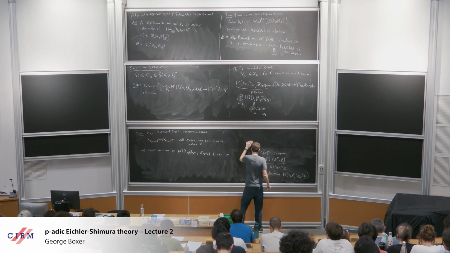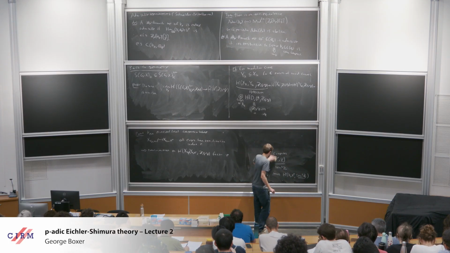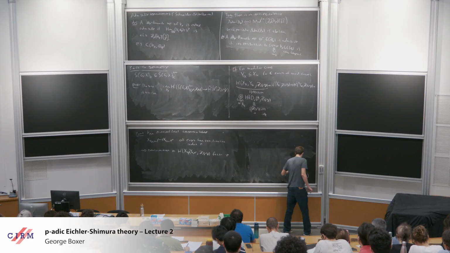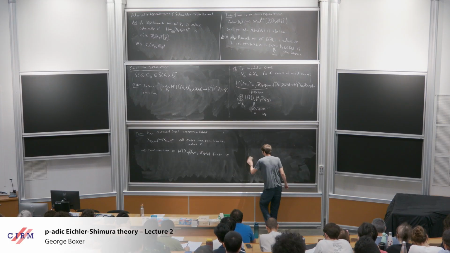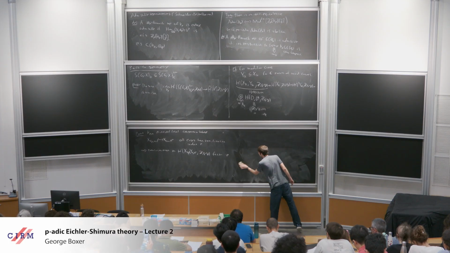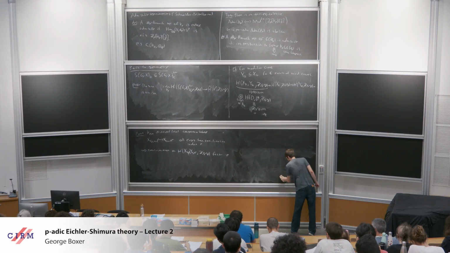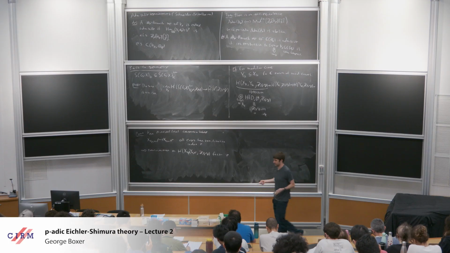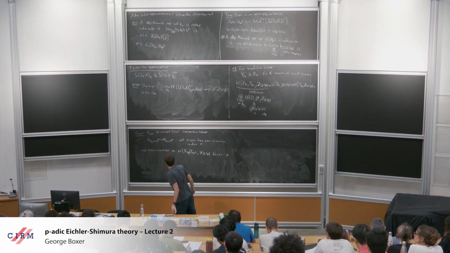Okay. So the next thing I want to introduce is, I want to pass to analytic geometry and perfectoid geometry and recall how completed cohomology can be computed as pro-étale cohomology of perfectoid Shimura varieties.